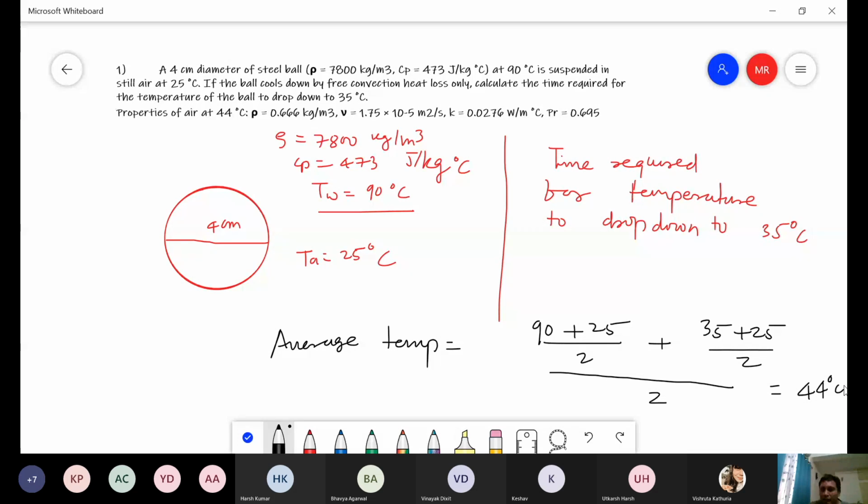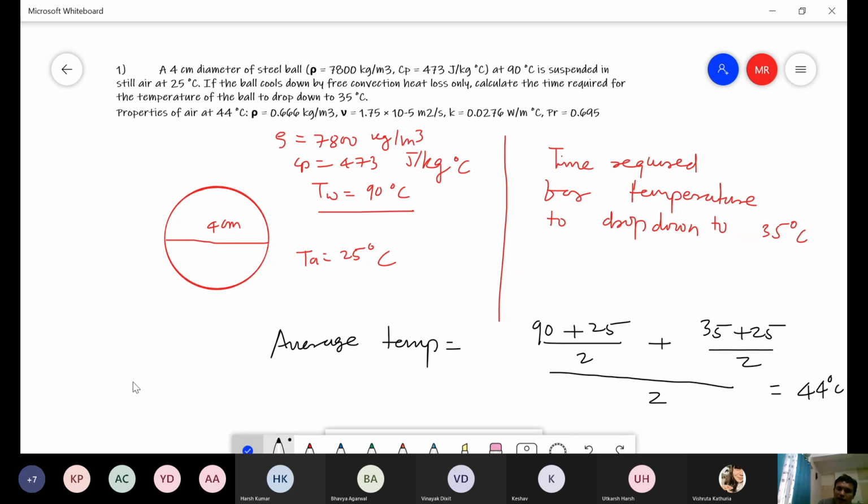We calculated the average temperature at the initial condition and at the final condition, and again took the average between them. So that is the average temperature, not only with respect to the temperature, but also with respect to the time here. Okay. Is it all right?